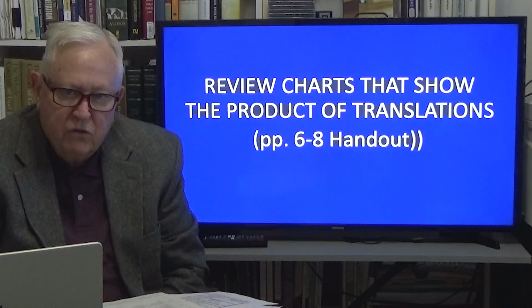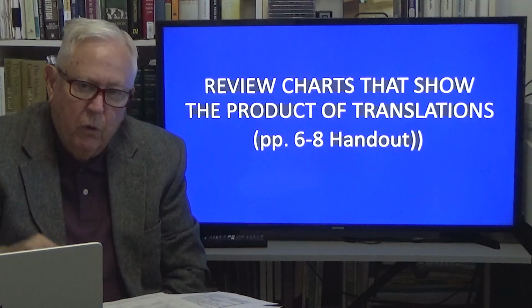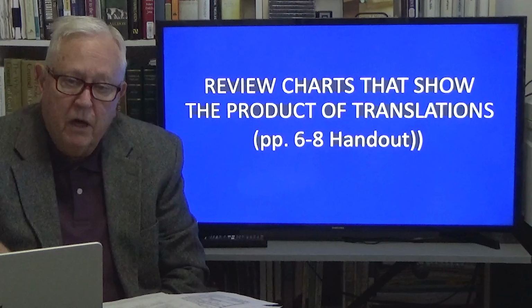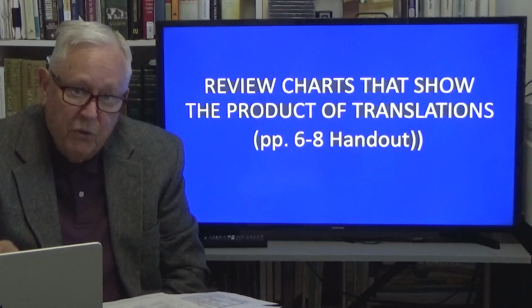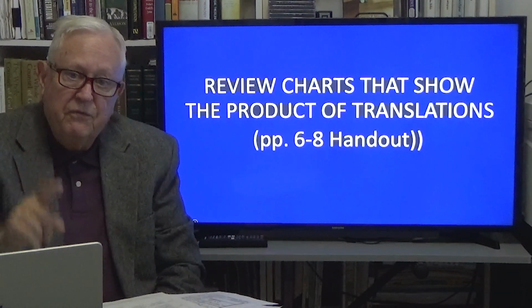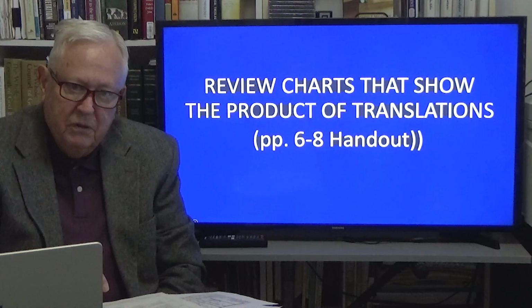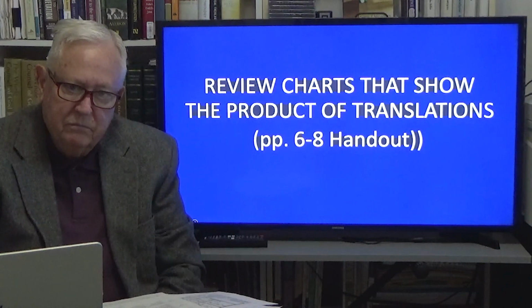You have to determine by context whether it's a wife or whether it's a woman. So you've got interpretation involved. If you're paying attention to versions, that will tease out your curiosity to find out why it is translated differently.